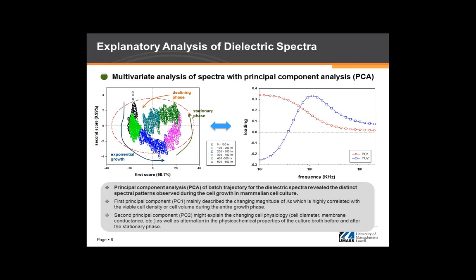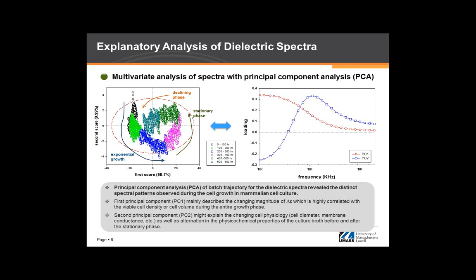On the upper left corner, this is the chart based on principal component analysis, which gives you a pretty good overview of what's going on. As you see, when all the dielectric spectra are put into the principal component analysis framework, there are at least 4 distinct clusters.